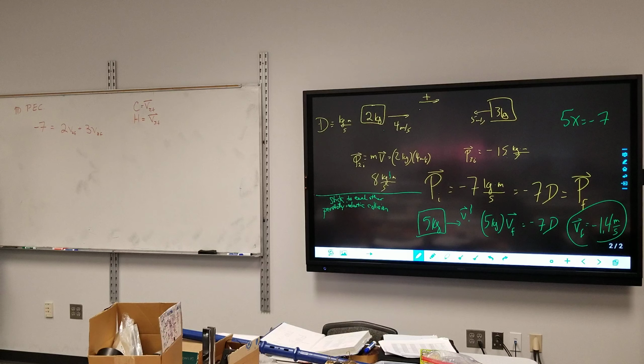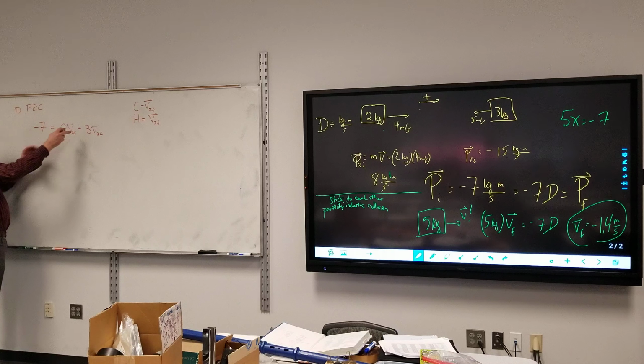Now, you have -7, which is the total momentum, and you have 2 times velocity final plus 3 times velocity. What is the right side of the equation?